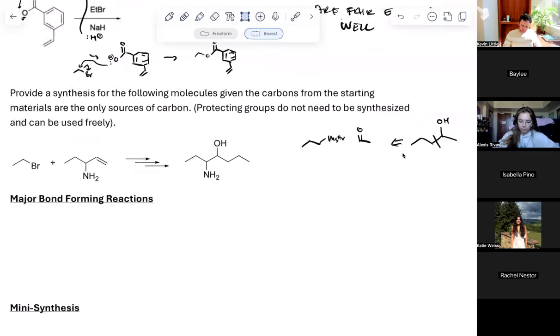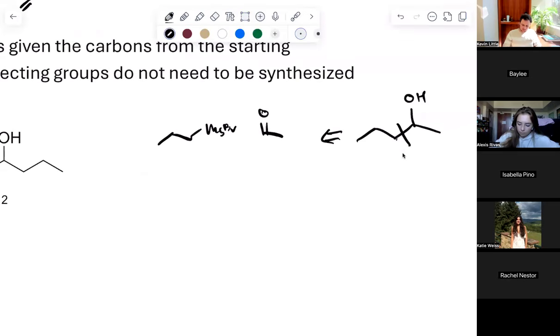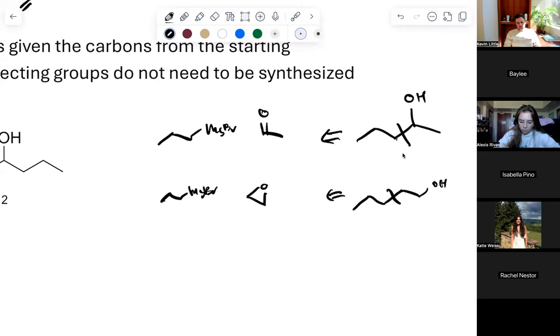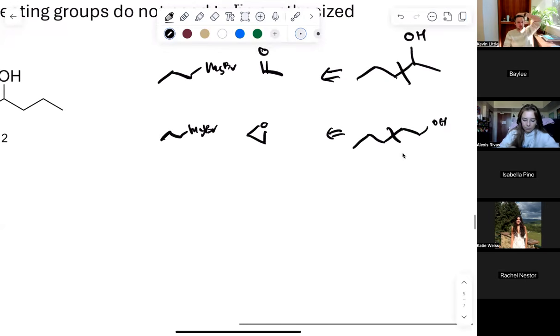Because that OH is one away from the line. If I have this where the OH is 2 away from the line, I'm thinking epoxide. Right, that would be my first thought, a Grignard and an epoxide. You need both.